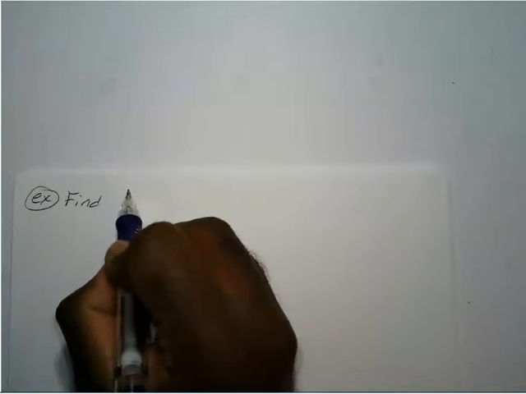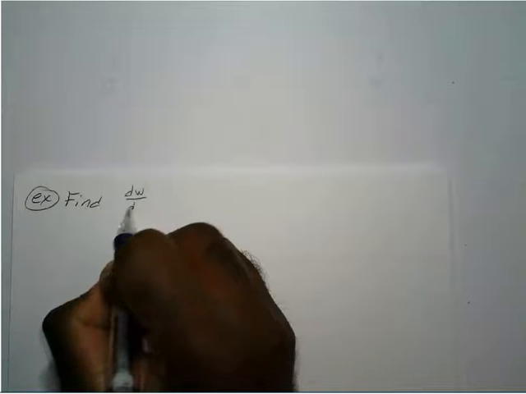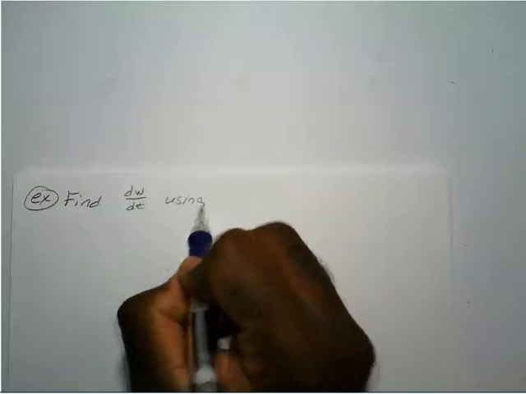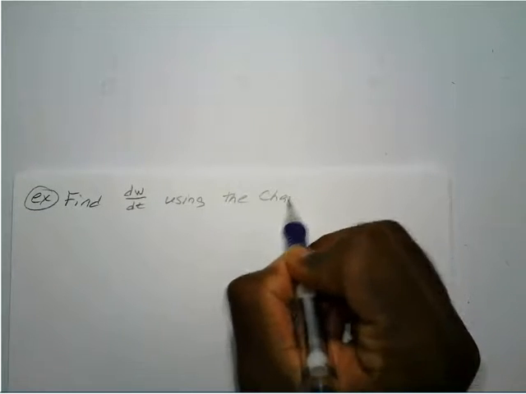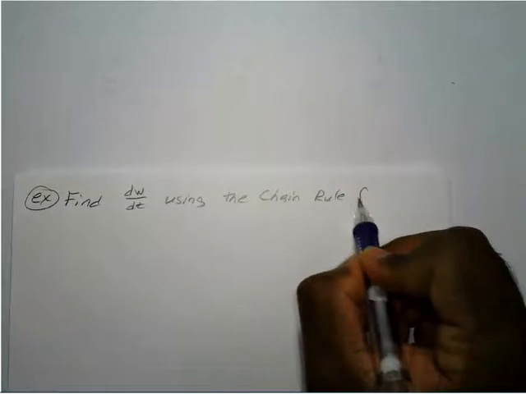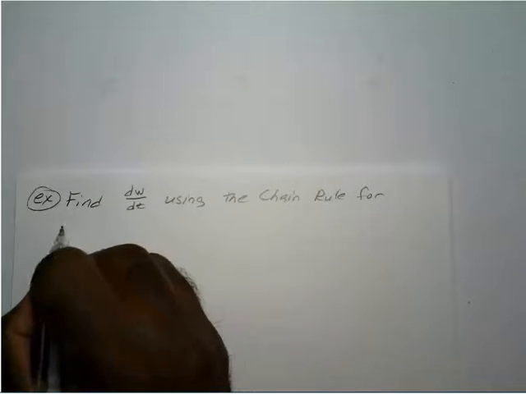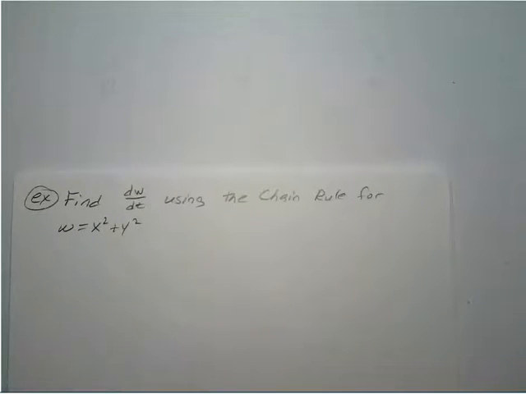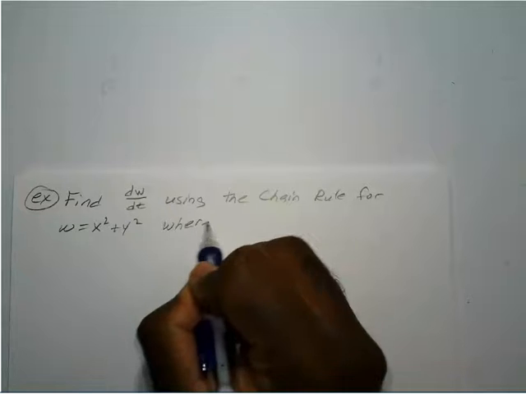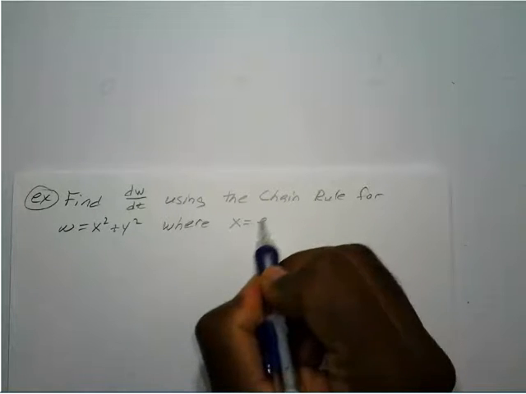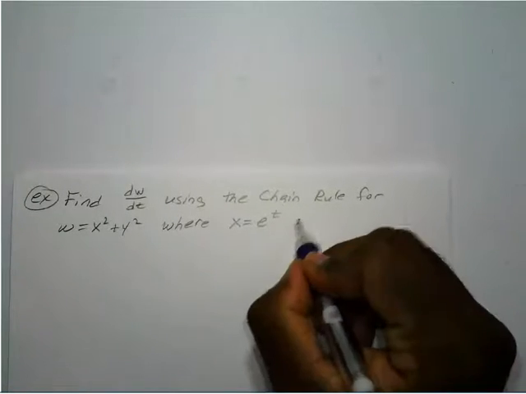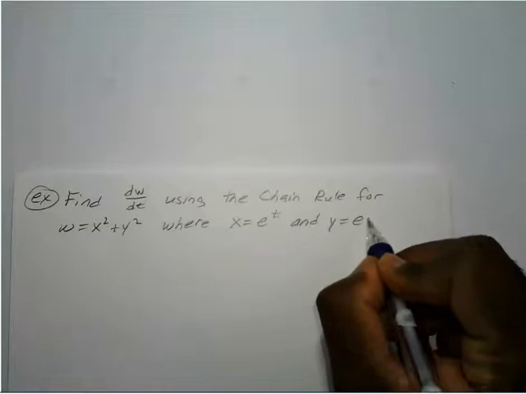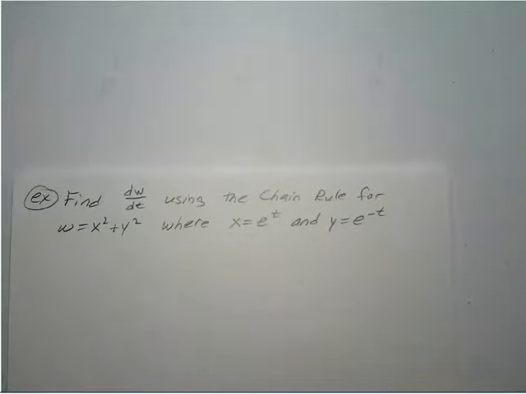All right, so let's say, for example, we want to find the derivative of w with respect to t using the chain rule for w equals x squared plus y squared, where x is equal to e to the power of t, and y is equal to e to the power of negative t.